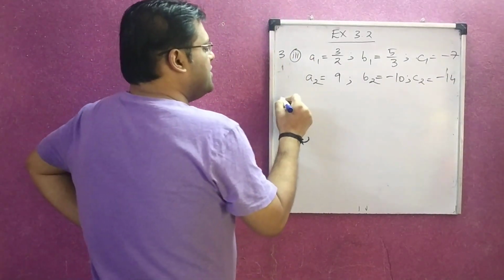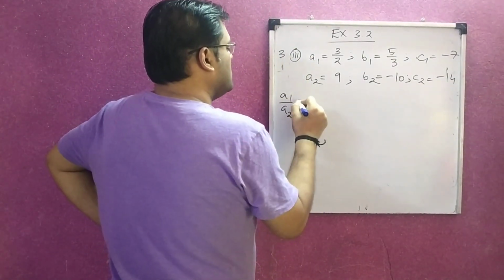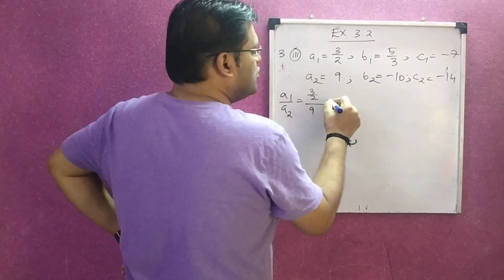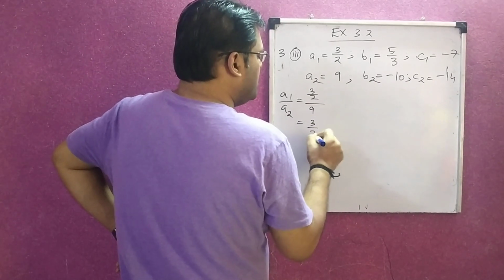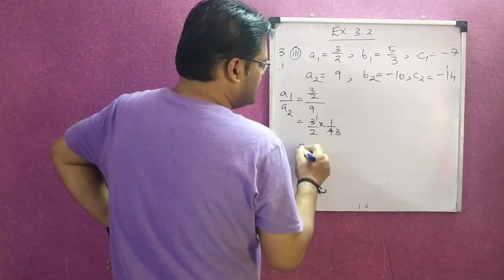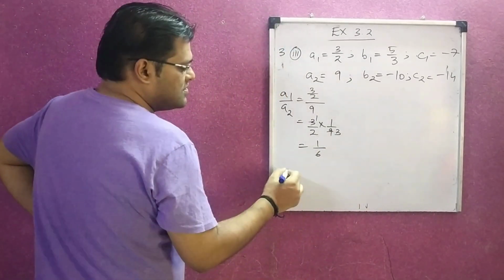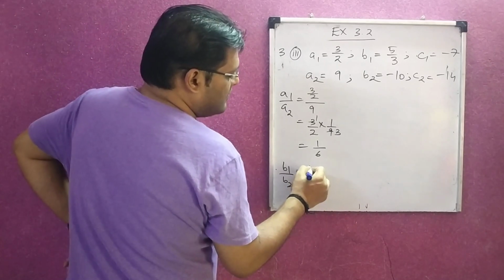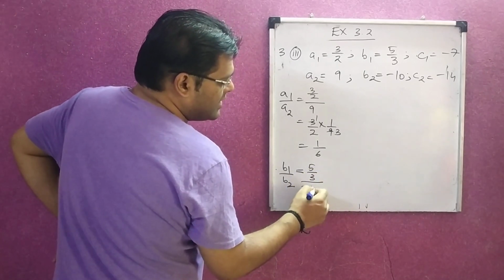Okay, first I go for A1 upon A2. So it is 3 upon 2 whole divided by 9, which is going to become 3 upon 2 into 1 upon 9, which is going to be 1 upon 6. B1 upon B2 is 5 upon 3 divided by minus 10.